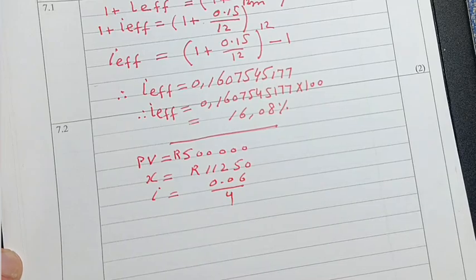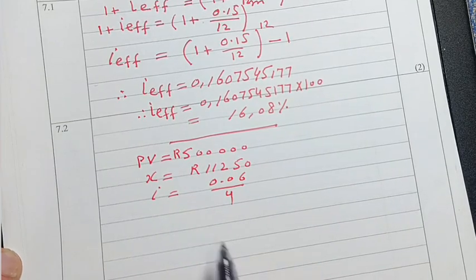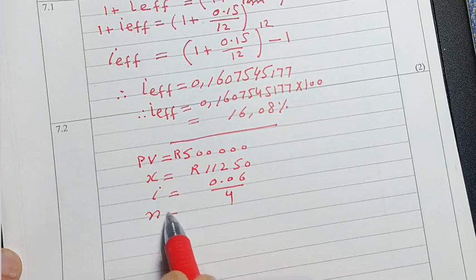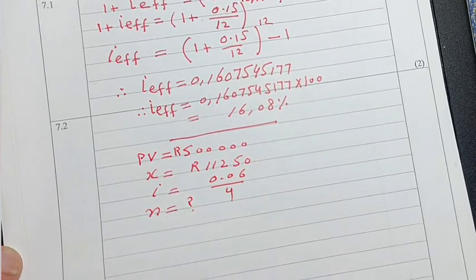Now n we need to find, and we don't know it in the present value formula.